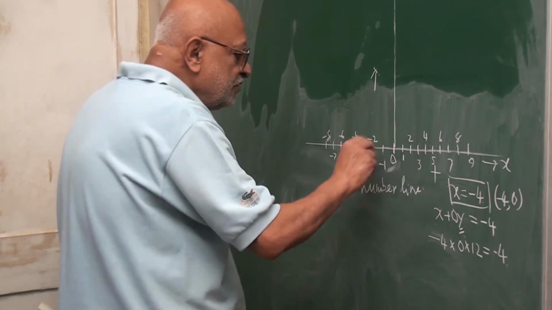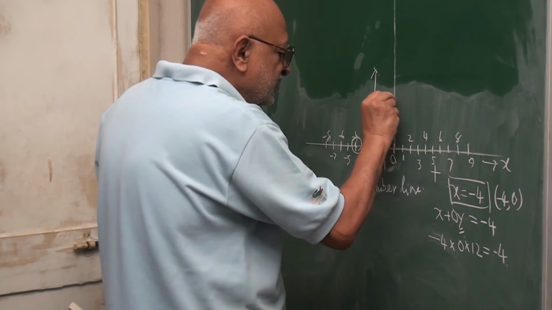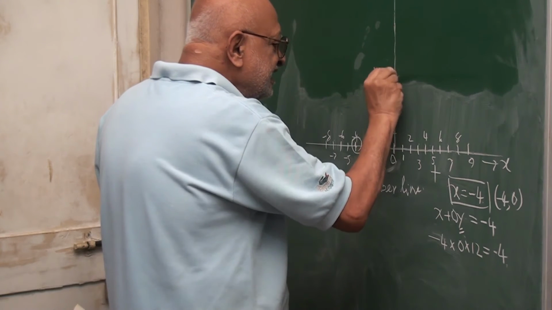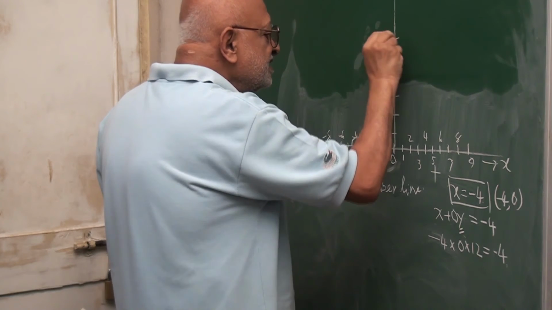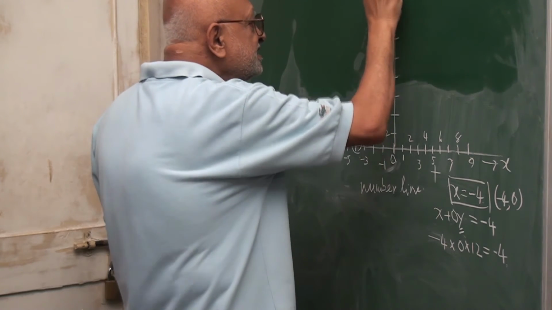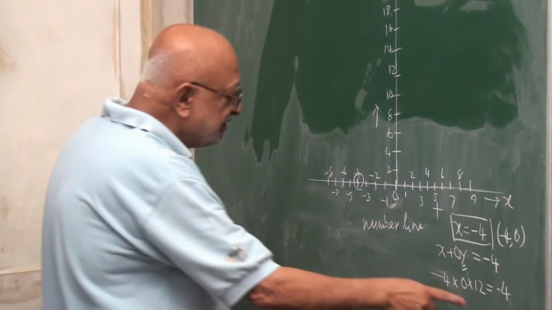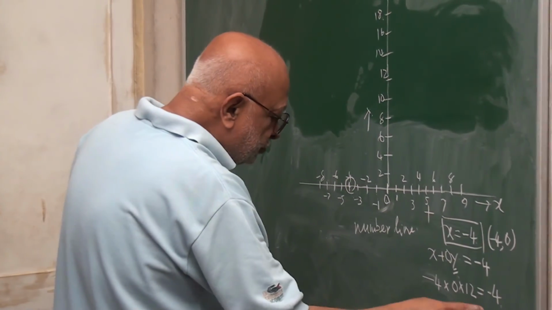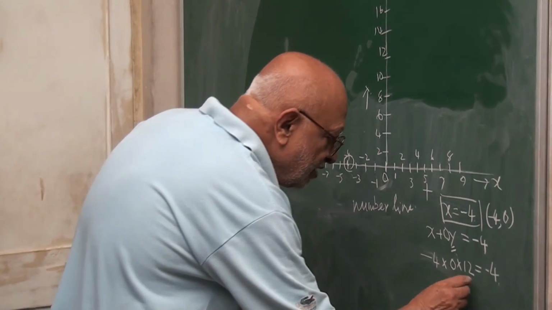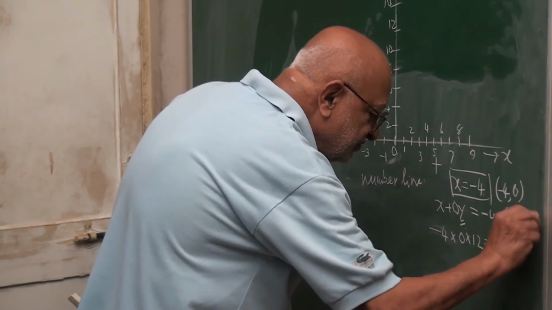So any value I take, let us check again, 2, 4, 6, 8, 10, 12, 14, 16, 18, like this. Here I have taken 12. So minus 4 will remain the same and this will be 12.